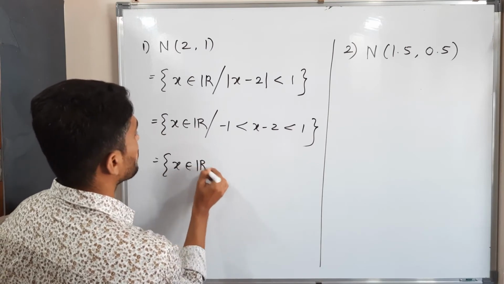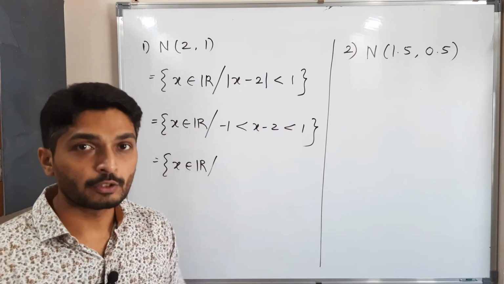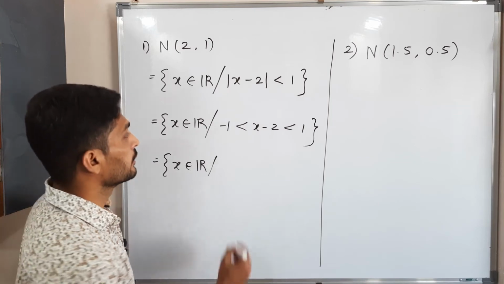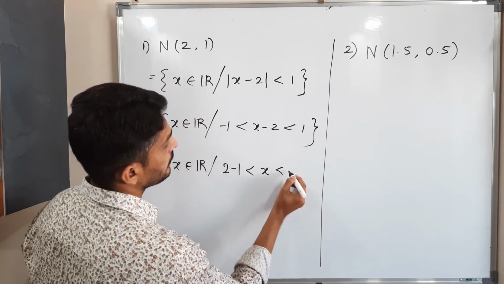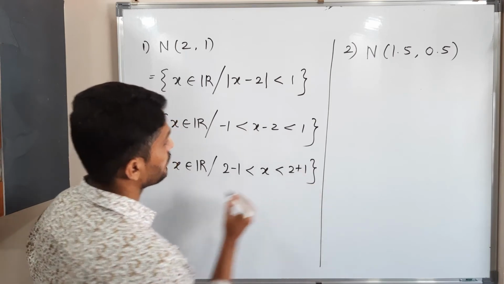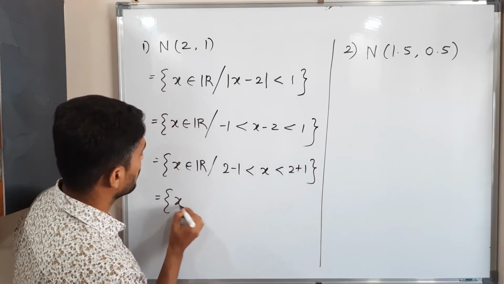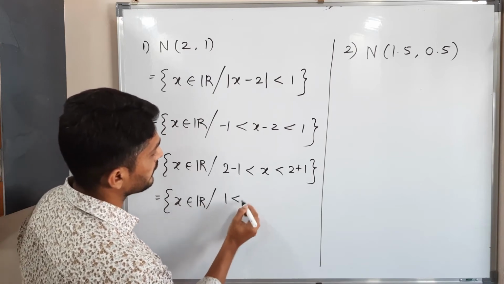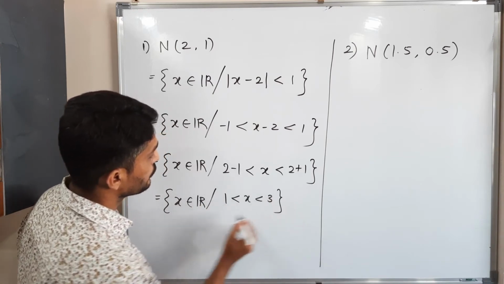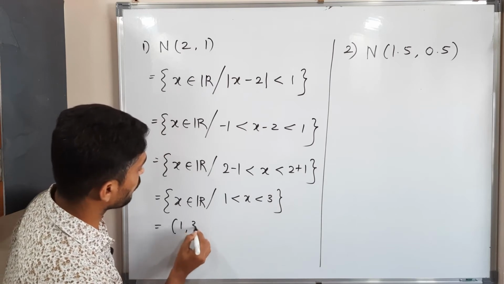Can you guess the next step? Obviously, I am going to add 2 on all sides. So 2 minus 1 less than x minus 2 plus 2, less than 2 plus 1. So this is equal to x belongs to R such that 2 minus 1, 1, less than x less than 3. So we get interval here, 1 comma 3.